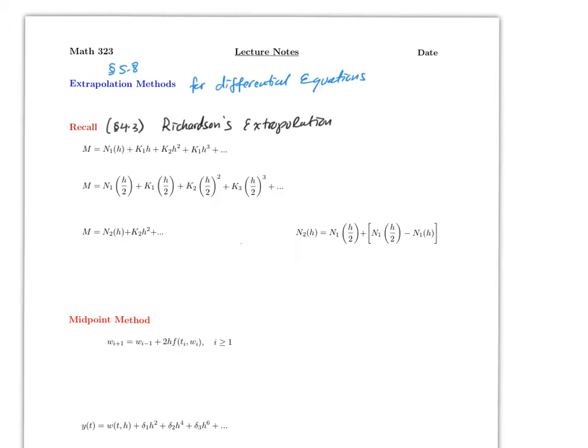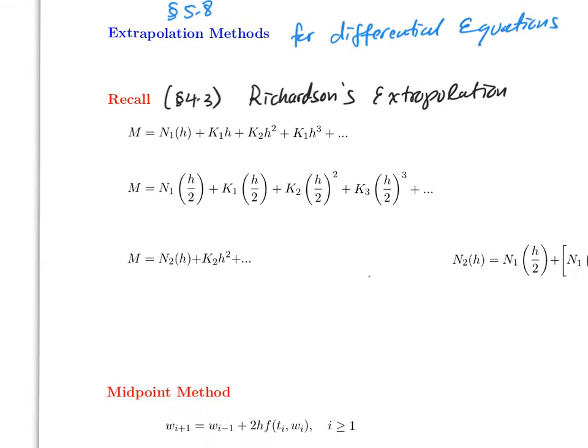Now again, remember that M was the integral you want, so you should check 4.3 again. So this is the integral that you want to find. And N1(h) is the numerical method. So this is the method we're going to use. And all of this was the error. And obviously the dominant error was this.